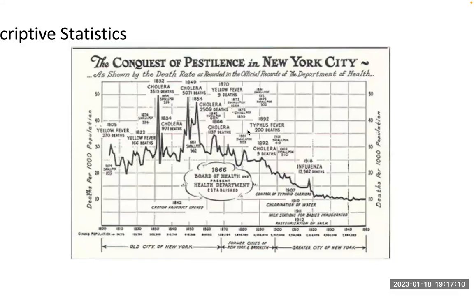What's interesting to see is that, first of all, this is a time series plot. A time series plot is characterized by having time on the x-axis, and you follow a certain dependent variable on the y-axis, which is here the death rate per 1,000 population.